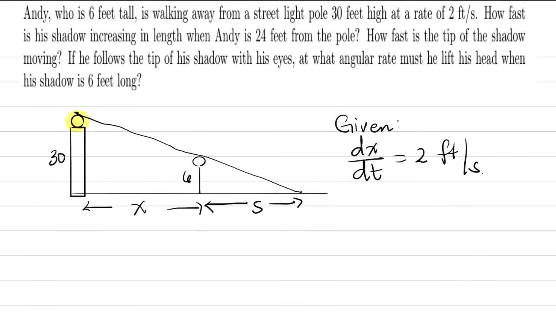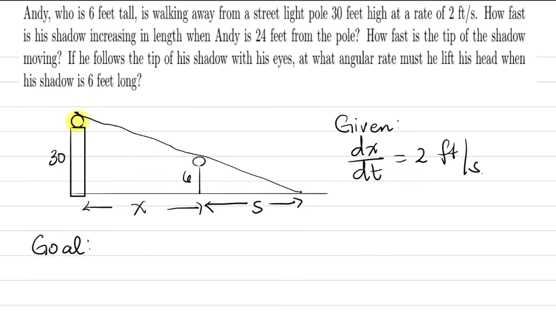Is it positive or negative? It should be positive. Why? Since Andy is walking away from the pole, take note that x is increasing. Therefore, dx/dt must be positive. Okay, but what is our goal in this problem?